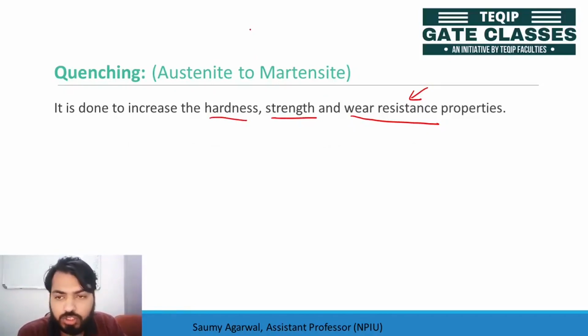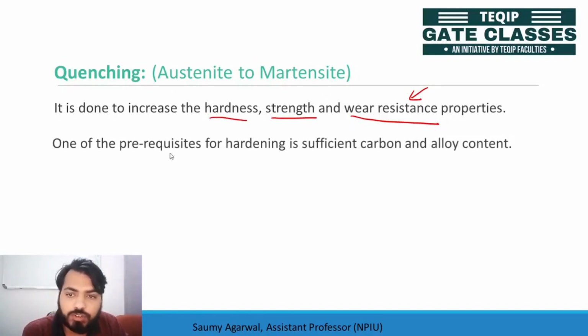One of the prerequisites for hardening is that there should be sufficient carbon content. If you have very little carbon, as in low carbon steel where the carbon content is less than 0.2% or 0.25%, then how will that carbon change the structure, and how will it become cementite or martensite?